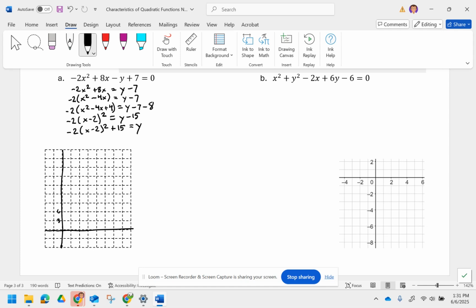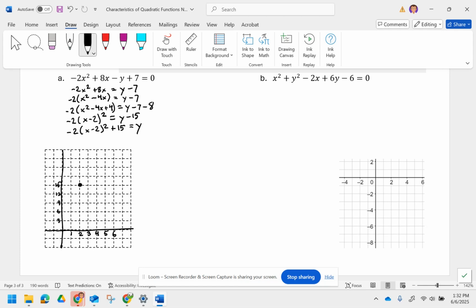So we'll do 3, 6, 9, 12, 15 right there. I think we'll be fine to just be counting by ones on the x-axis. Okay, now remember, this gives us our shifts. I know that because of that minus 2, we go 2 to the right and up 15, and that's where the vertex would be.